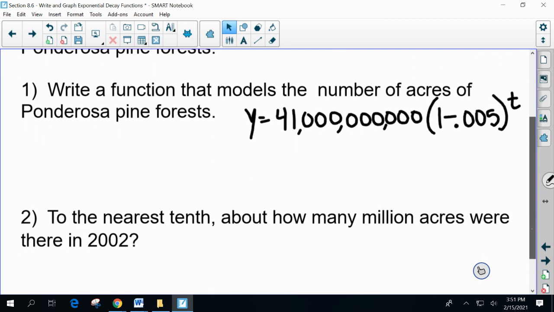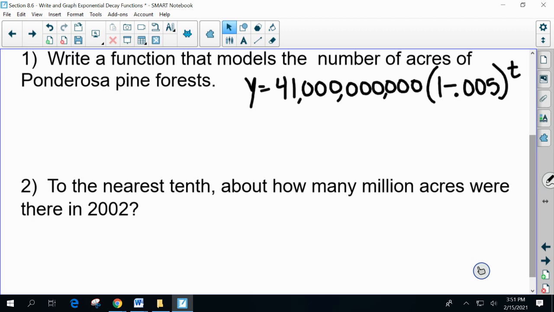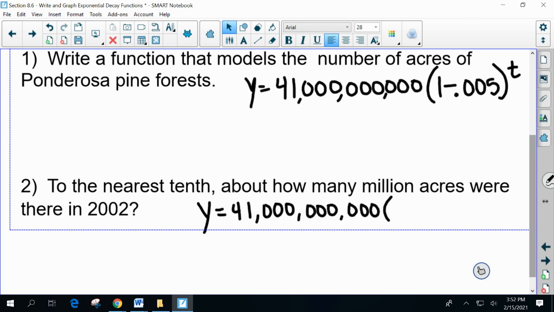Okay, to the nearest tenth, about how many million acres were there in 2002? So y equals 41 million times 1 minus 0.005. Between 1963 and 2002, there were 39 years.